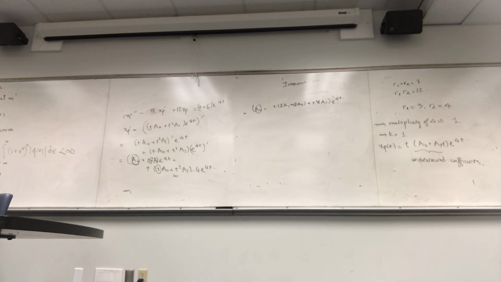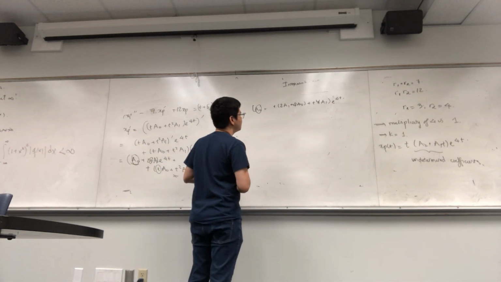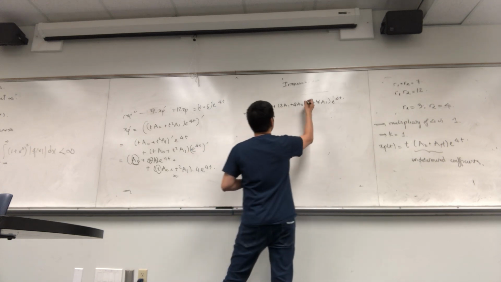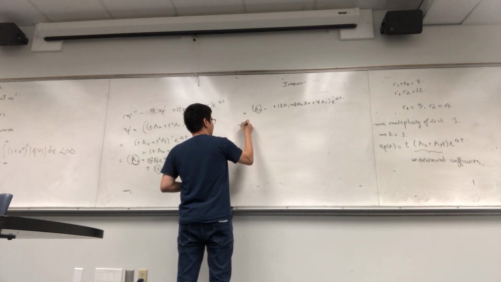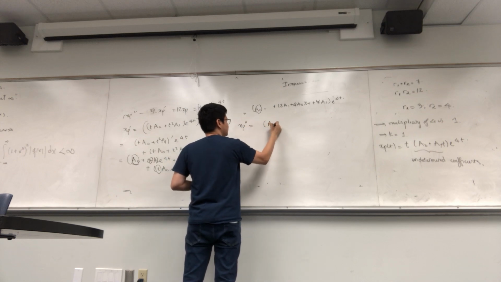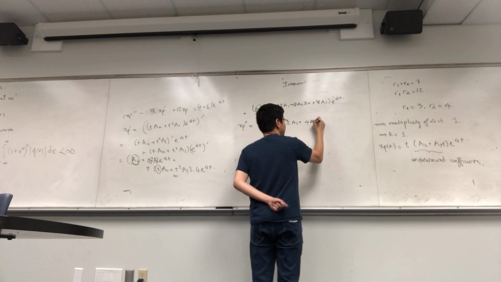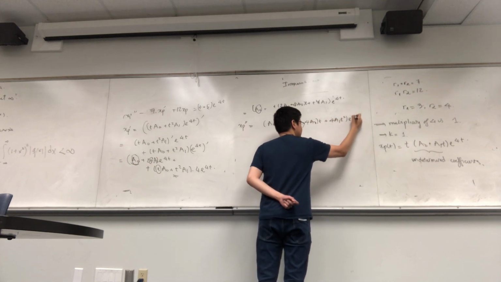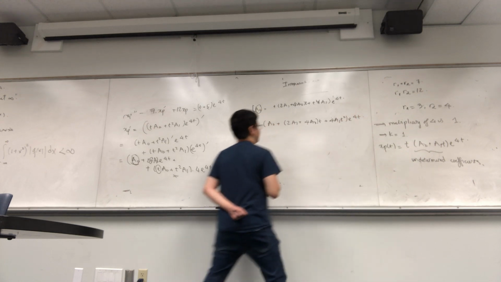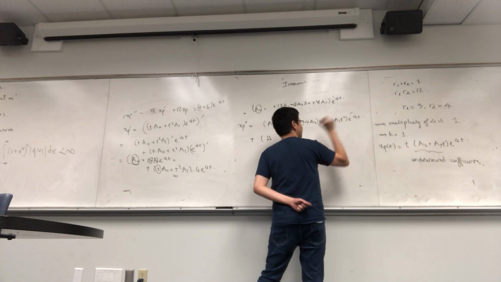So I have to take the second derivative of this guy, which is even more work. So I have xp second. This is (a0 plus (2a1 plus 4a0)t plus 4a1 t squared) e to the 4t, plus the derivative.